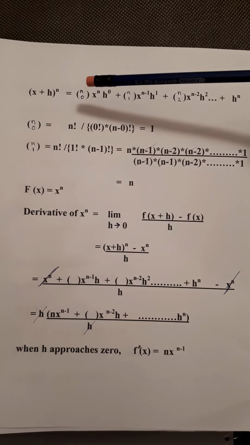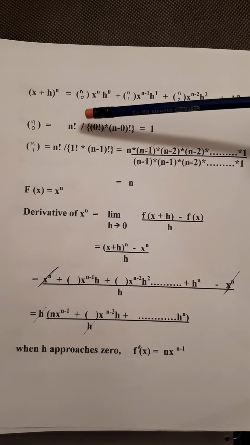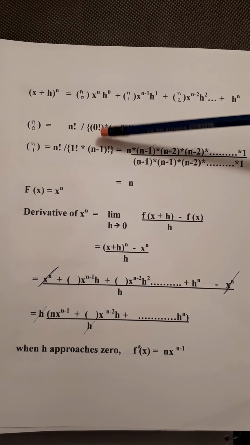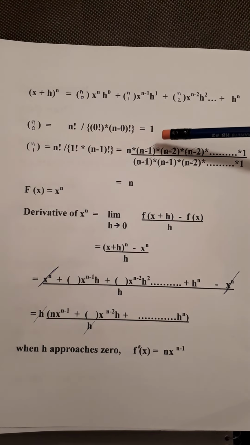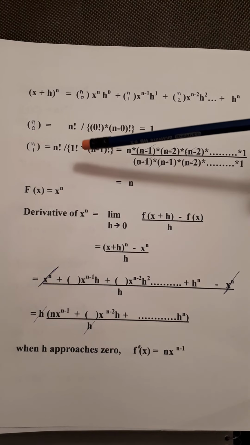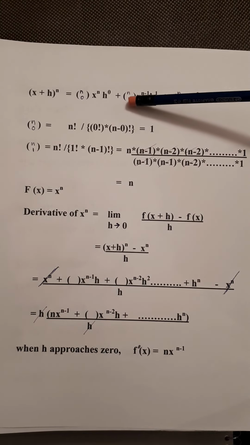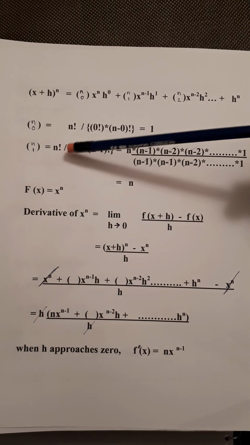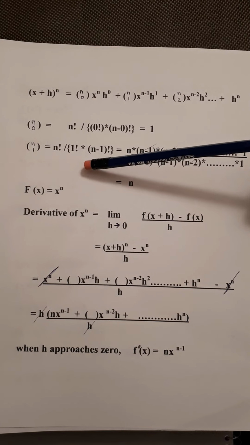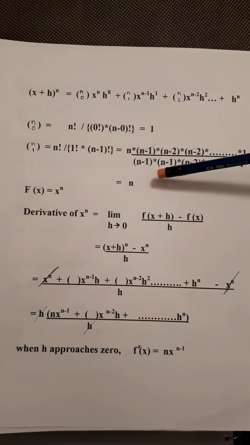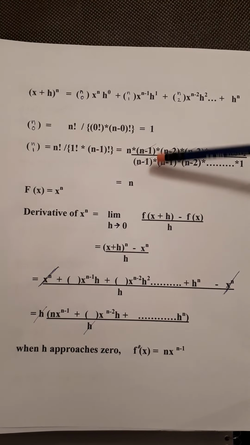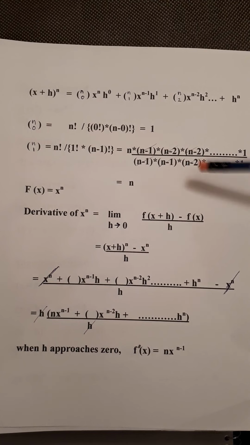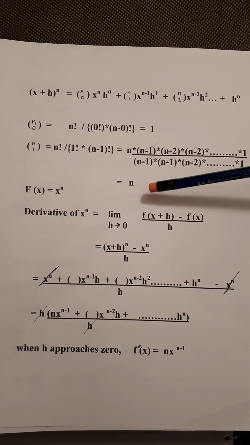Here nC0 is, as we said earlier, factorial n divided by factorial 0 times factorial n minus 0, which is equal to 1. And nC1 is factorial n divided by factorial 1 times factorial n minus 1. So factorial n goes like that, factorial n minus 1 goes like that. You can see many terms cancel out and only n remains.